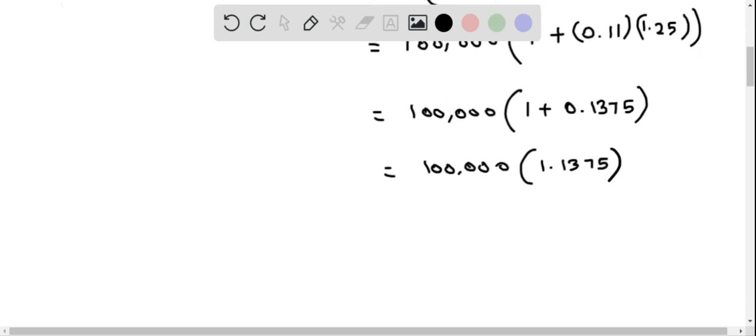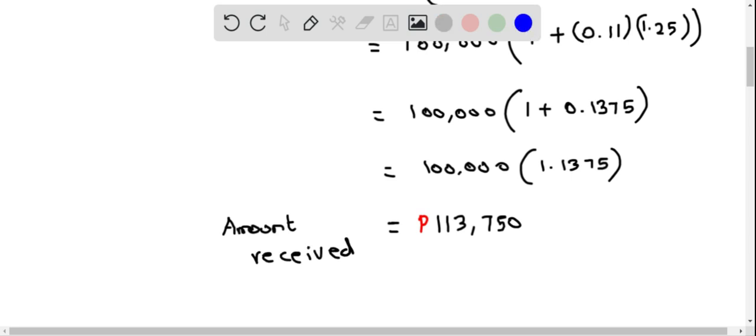Now we multiply this 1.1375 with 100,000, and this gives 113,750, and the unit is pesos. So this is the amount received by Abraham, which equals 113,750 pesos.